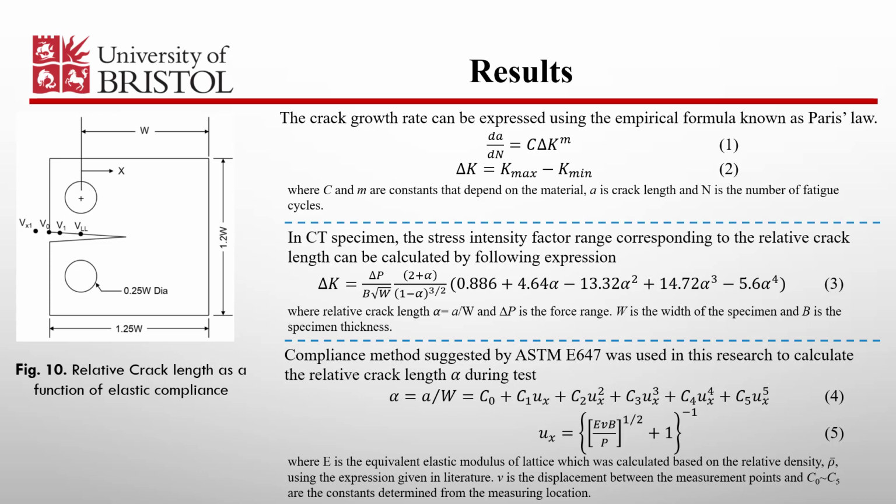The stress intensity factor range of the CT specimen corresponding to the relative crack length can be calculated by the expression from the ASTM standard. The compliance method suggested by ASTM was used in this research to calculate the relative crack length during the test.